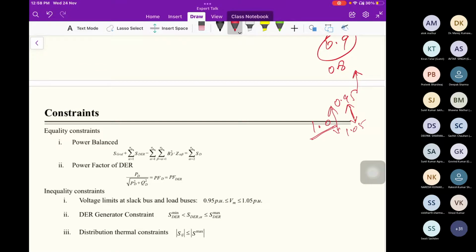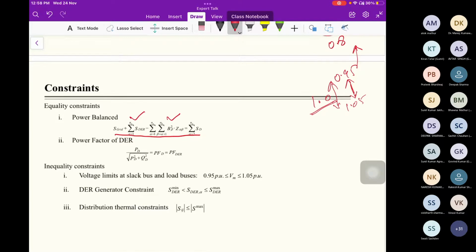Normally the constraint means demand and supply should be satisfied. But in this condition, losses will be occurring, and the generation of the DR is a different thing as compared to the conventional. So this equation should be satisfied at every node. And the power factor of the DR generators should be equal to the load demand.